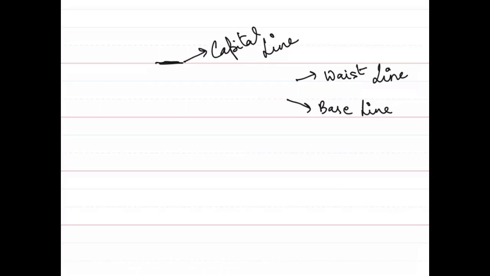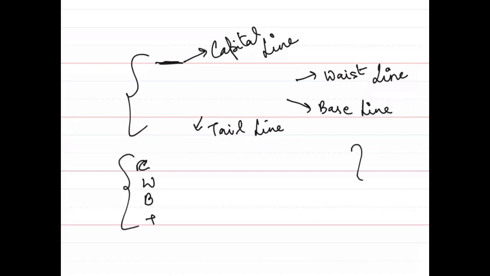And fourth is your tail line. So this is the capital line, this is the waistline, this is the baseline, and this is the tail line. This is how we name the lines.